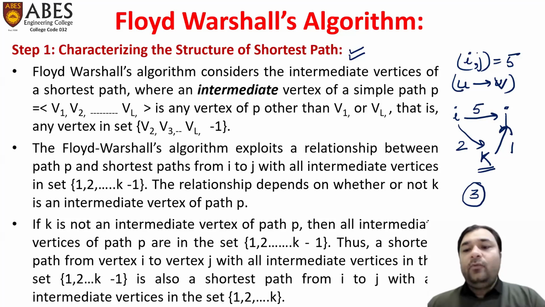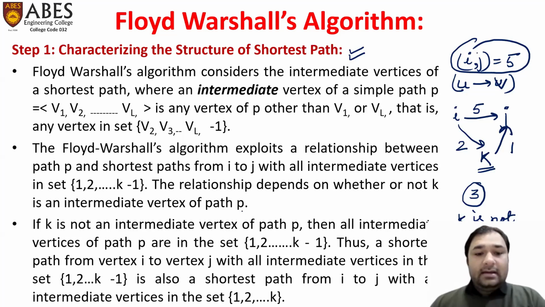In this step, we are thinking about whether K is an intermediate vertex or not. If K is not an intermediate vertex, then we simply write the weights as they are.